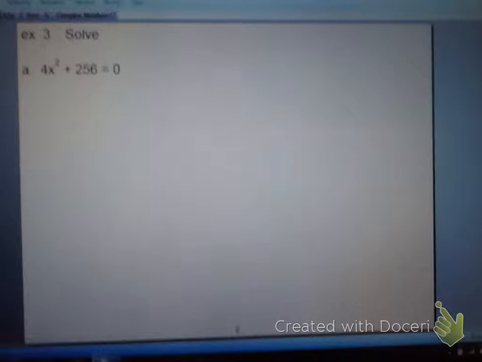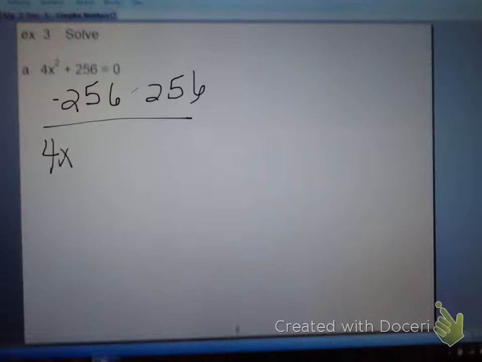So we have to solve this by trying to get x squared by itself. So we're going to subtract 256 from both sides. Then we are going to divide each side by 4. And 256 divided by 4 is 64.